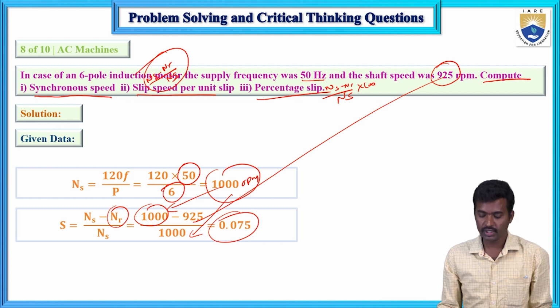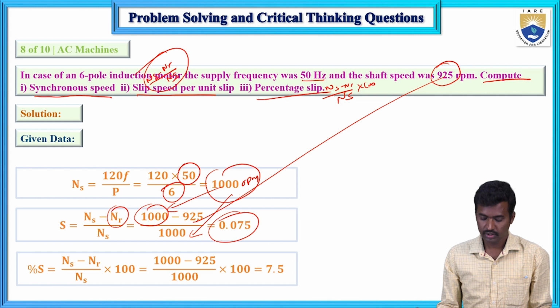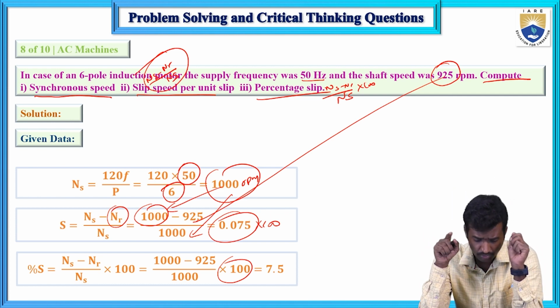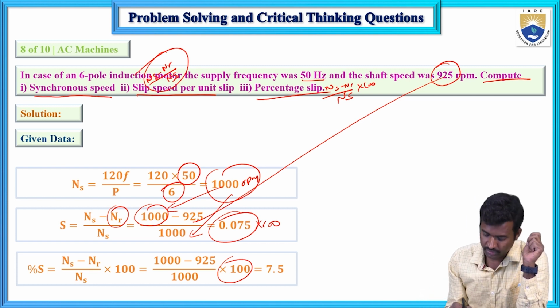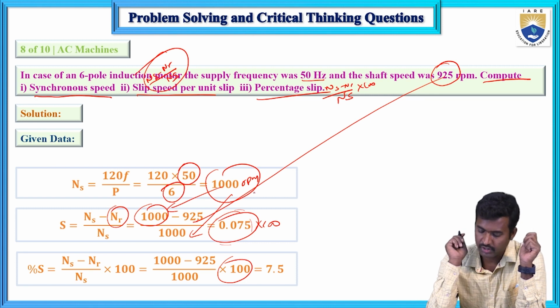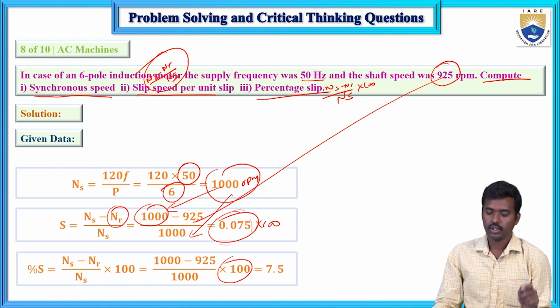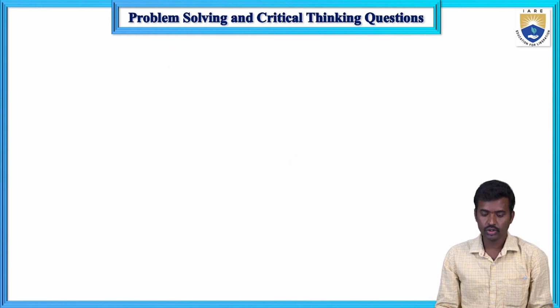So for percentage slip, multiply this one by 100 and you will get the percentage slip. From this you can determine the rotor current frequency also: multiply this slip into the supply frequency, then you will get the rotor frequency also. Next question, 9th question.